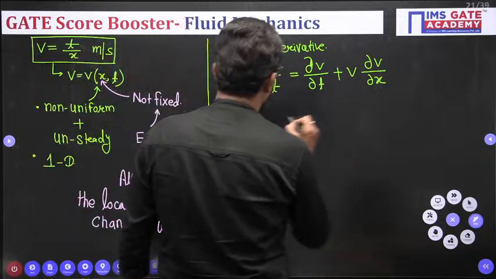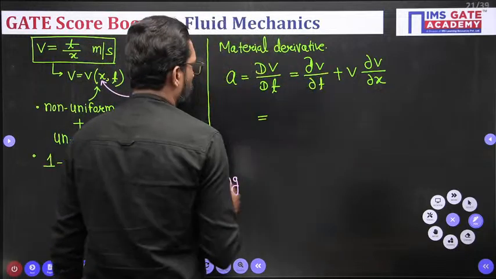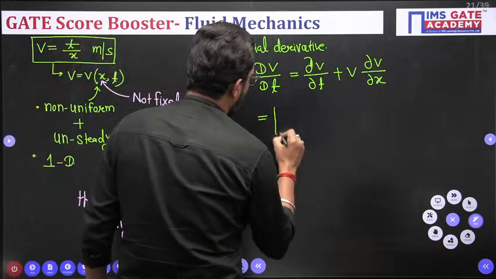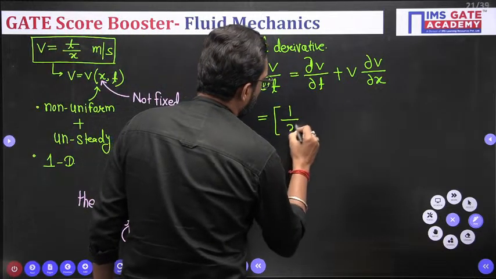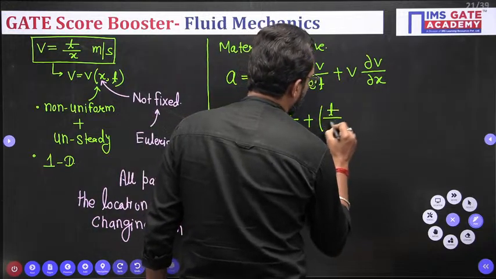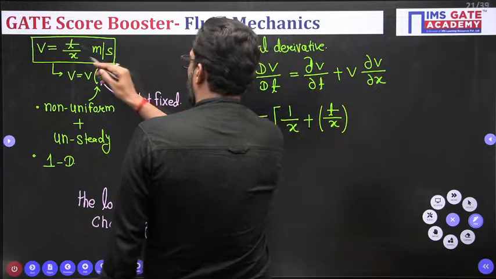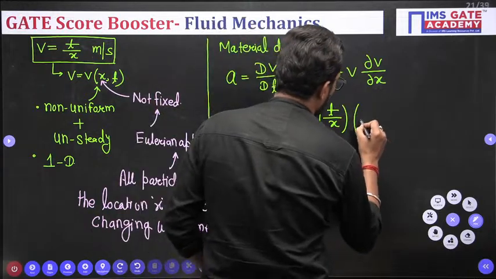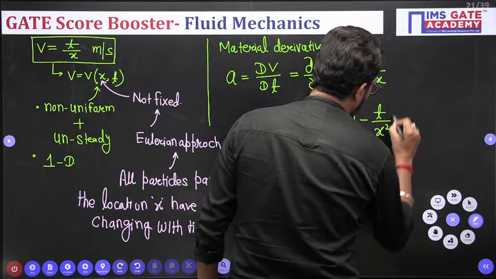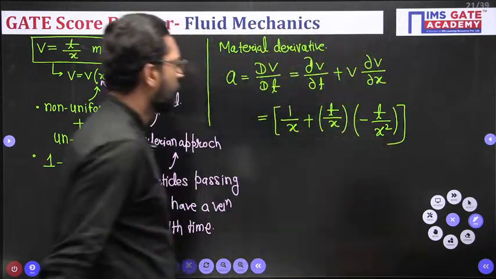Now v is 1 by x plus t by x. If you differentiate with respect to x, minus t by x square. Clear? This is your acceleration.